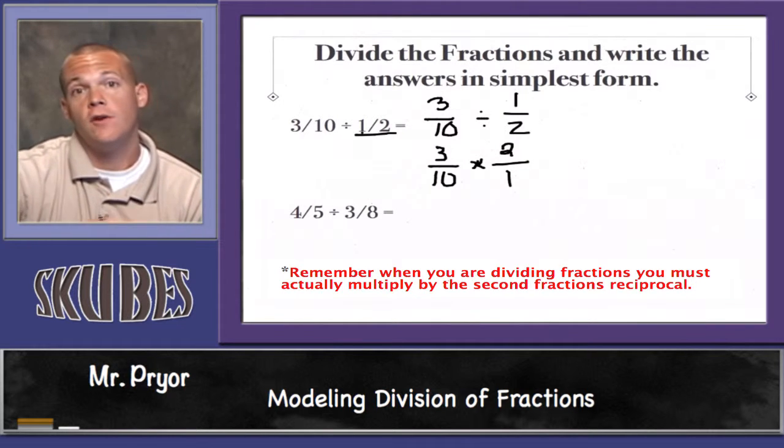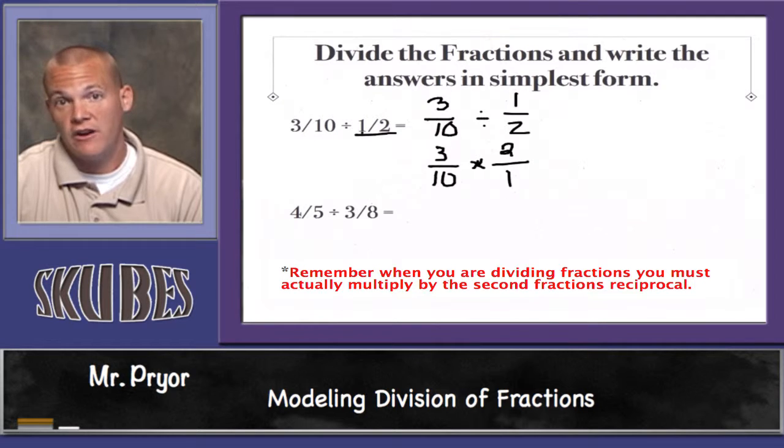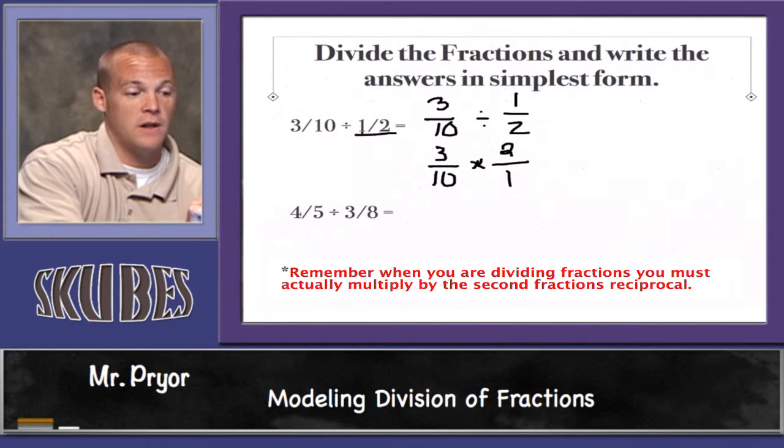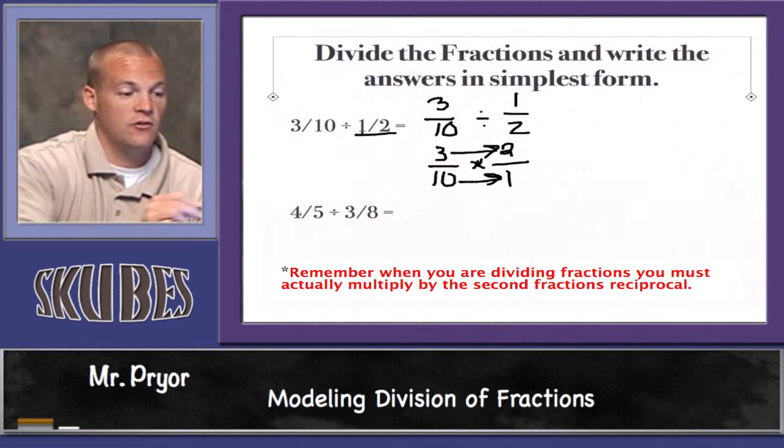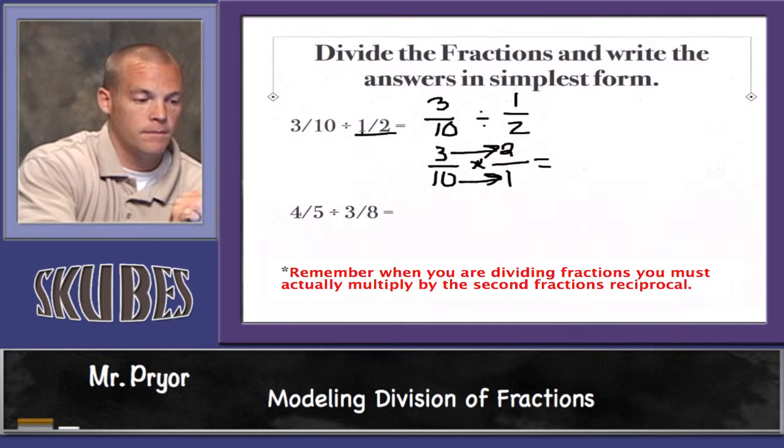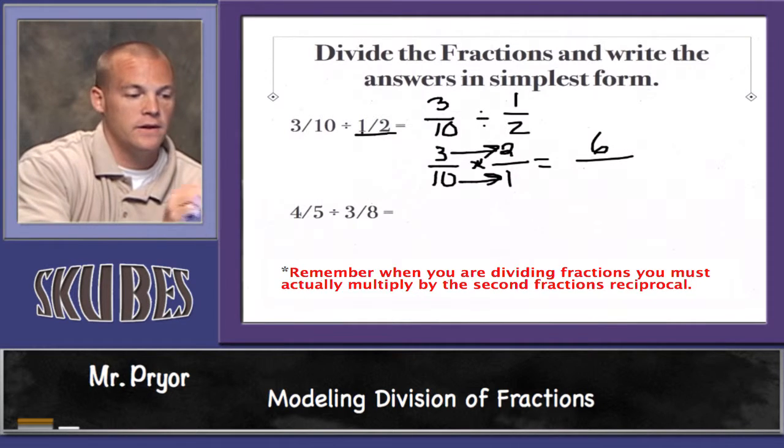Once you do that, you revert back to your multiplication of fractions element, which means you multiply straight across the top and straight across the bottom. Okay, so that's going to be 3 times 2, which gives you 6, and 10 times 1, which gives you 10.